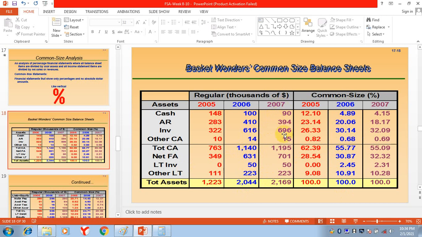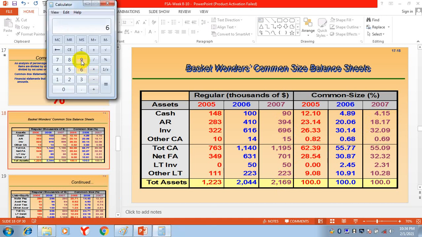Similarly, apply this to 2007: 90 divided by 2169, 394 divided by 2169, so the first items are 4.15, 18.17. Then 696 divided by total assets 2169 multiplied by 100, we will get 32.088, which they round to 32.09.